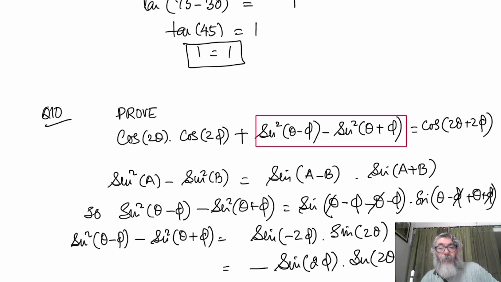That will go into the fourth quadrant. In the fourth quadrant, only cos theta and sec theta are positive. Rest are negative. So sin square(theta minus phi) minus sin square(theta plus phi) actually becomes minus sin 2 phi sin 2 theta.